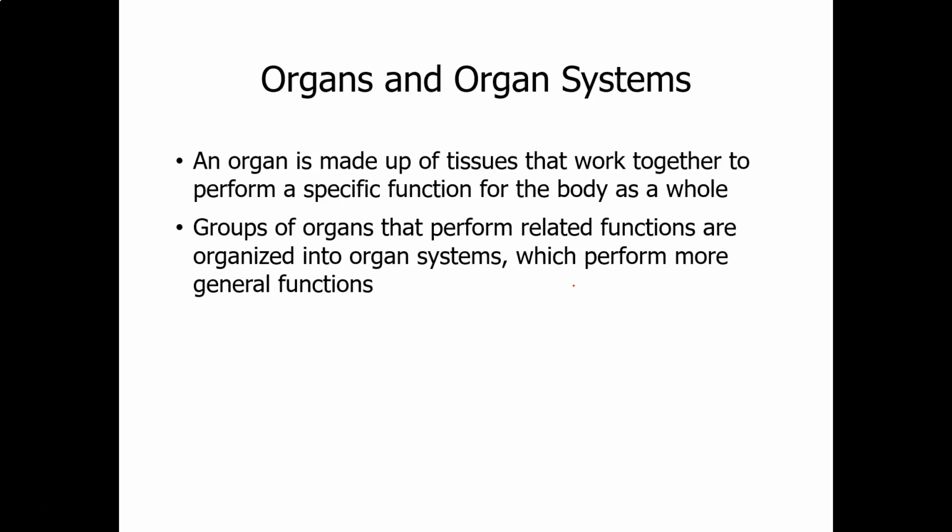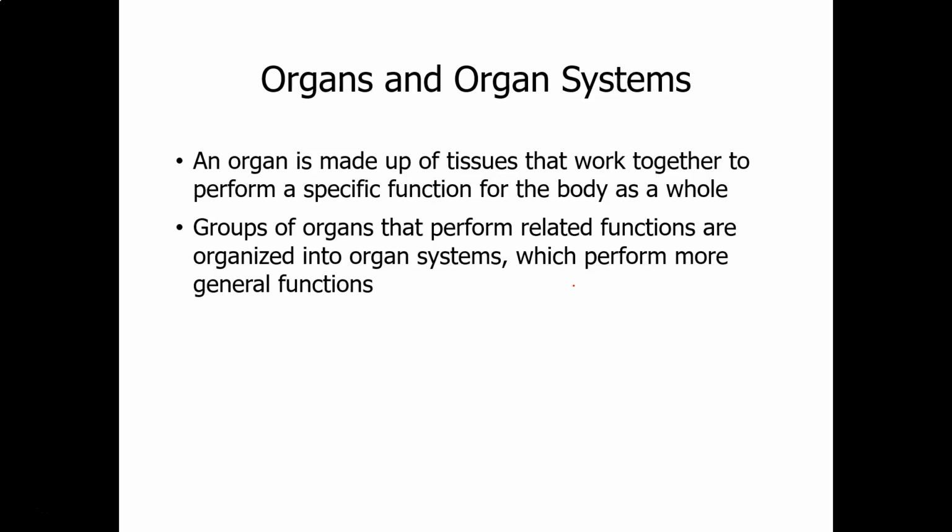All right, so this is a review, but we learned in Bio 111 when we learned about the organization of living things that groups of cells make up tissues, and that there are 4 tissue types in the human body: epithelial tissue, connective tissue, nervous tissue, and muscle tissue.